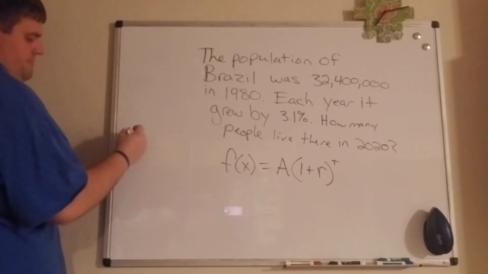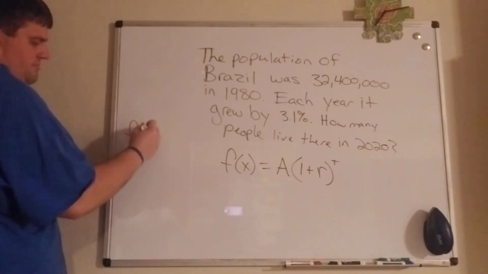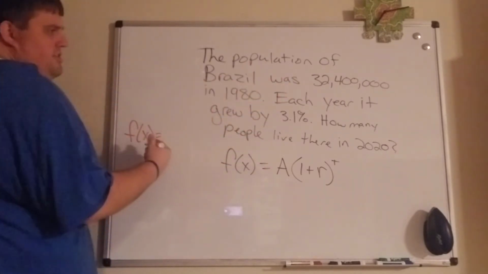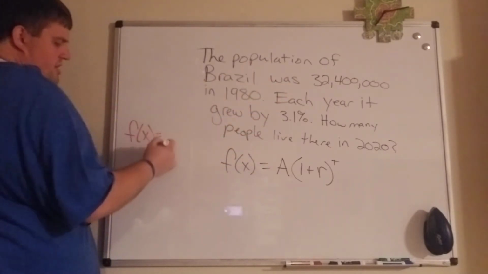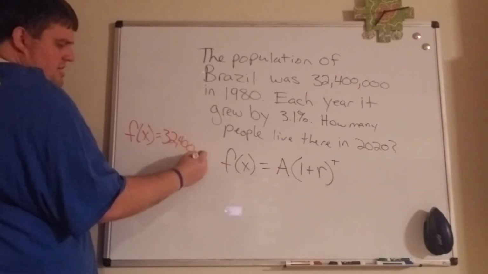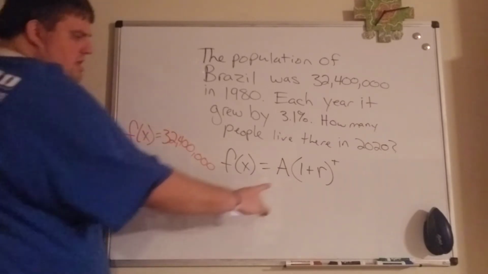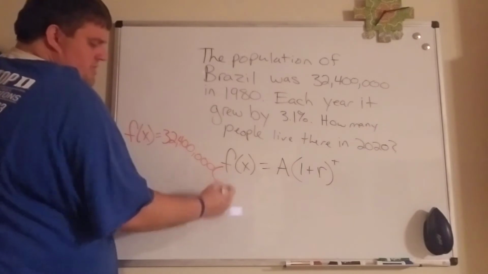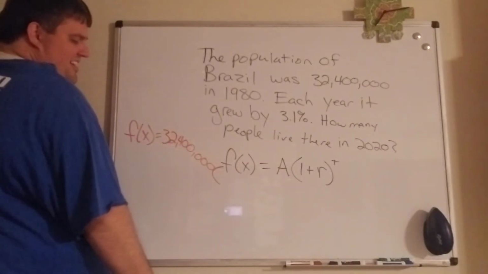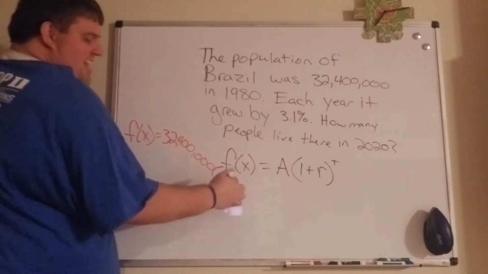So when we set up ours here, I know the initial amount was 32,400,000. So 32,400,000 times, I don't know why I didn't just write this underneath, actually. We'll make it curve. It'll be fun.